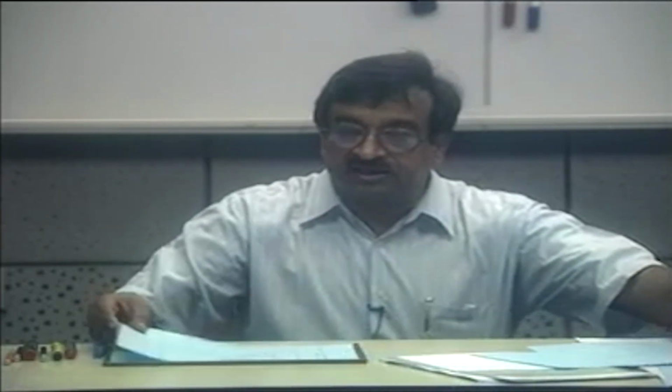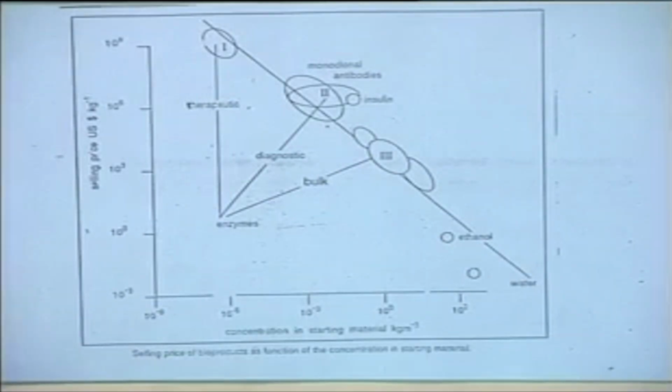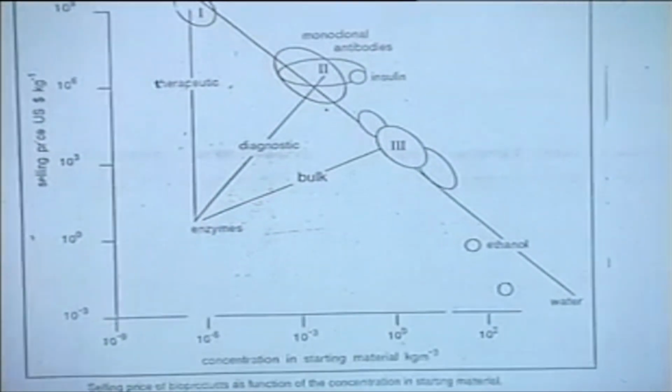more from the scientific point of view. But from the industrial point of view, or from the application point of view, another important type of classification is in terms of 3 classes, what we know as bulk, diagnostic and therapeutic. Of course, this classification is essentially based on the cost of the enzymes.